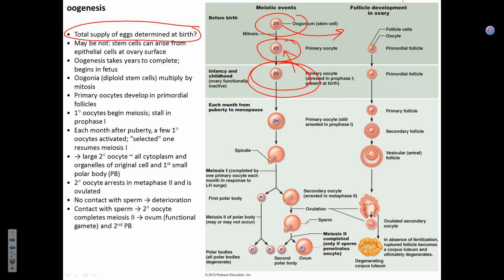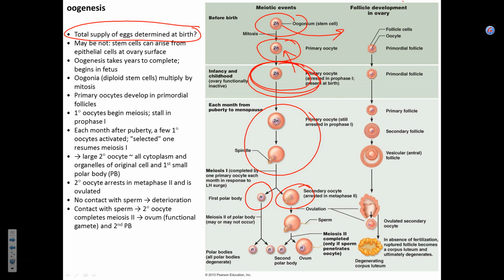So this diploid cell, when females enter puberty, levels of estrogen start to rise, and that stimulates monthly development of oocytes into eventually secondary oocytes. So the primary oocyte enters meiosis 1, and after meiosis 1 completion produces a secondary oocyte and a first polar body.